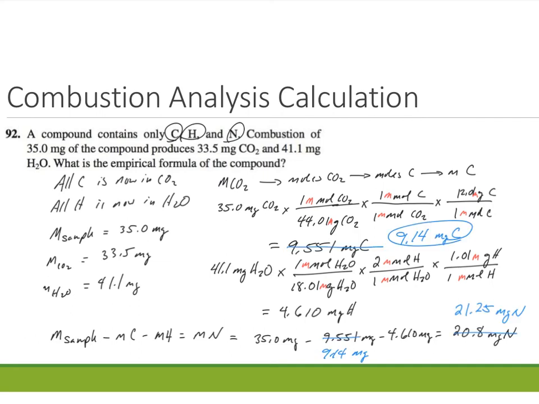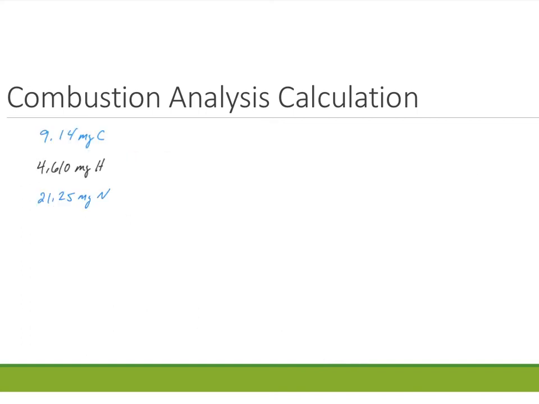I noticed as I was working the problem that I used the incorrect information. Instead of 35 milligrams, there should have been 33.5 milligrams. The corrected values are in blue. So I'm going to take my 9.551 milligrams of carbon and turn it into moles. 1 millimole of carbon weighs 12.01 milligrams of carbon. 1 millimole of hydrogen is 1.01 milligrams of hydrogen.